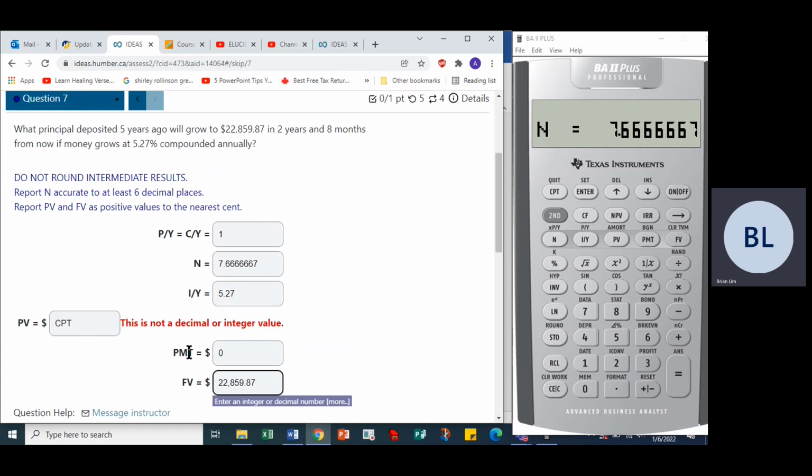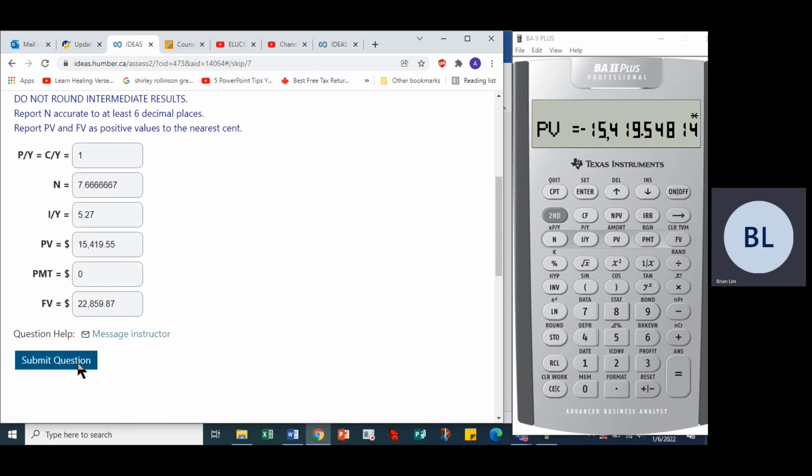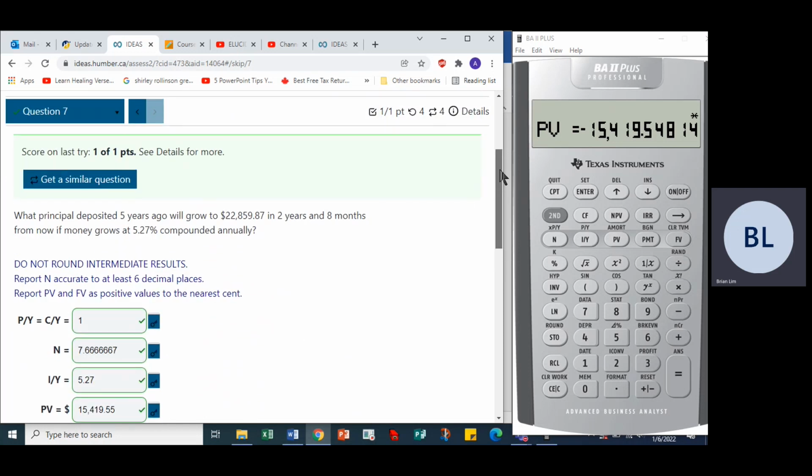Yes, and it seems fine. So we'll take off that compute, and because we know the answer, we will take that away and put in 15419.55. Hopefully all goes well, and we submit, and we are correct.